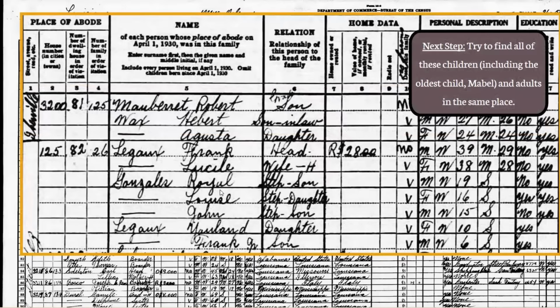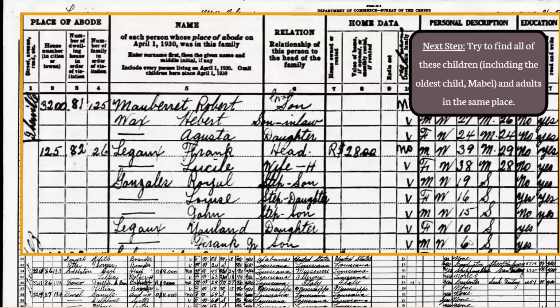I don't know how that happened, but as we say, spelling doesn't count in genealogy. We also have Louise, who is Roy's sister, his other brother, John, Yolanda, so his half-sister, and Frank Jr. So Yolanda would have been 10, Frank Jr. was 16, John 15, Louise 16, and so on.